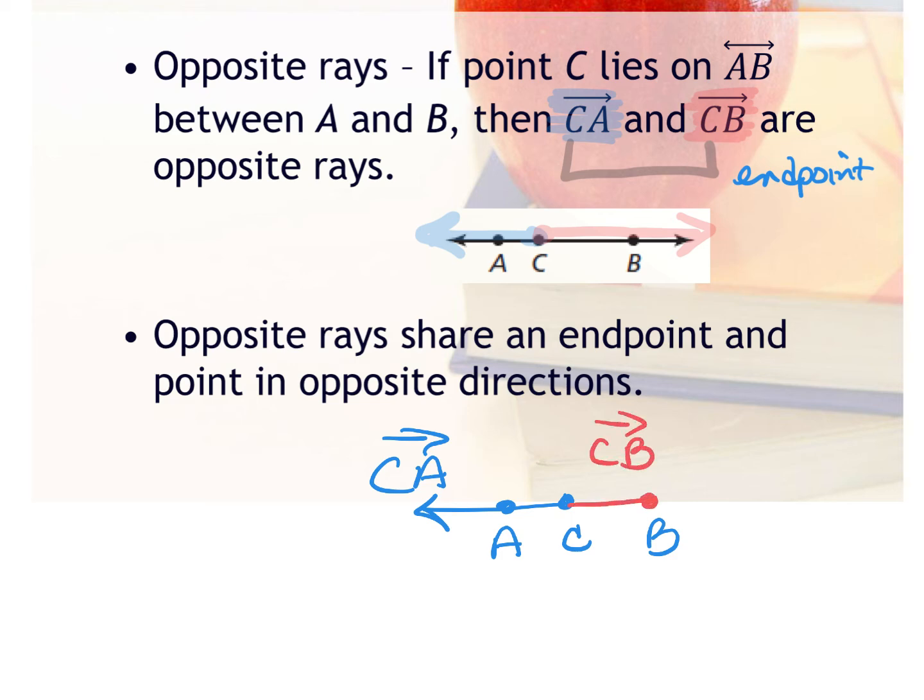So the picture on top of the ray doesn't necessarily tell you the direction it points. You just have to look at the letters. So the red one is the CB and the blue one is the CA.